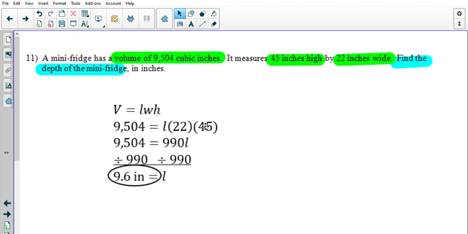It doesn't matter that we're trying to find L. It really doesn't matter which variable we're looking for, either length, width, or height. It does say find the depth. In this case, the depth is going to be the length. Same work. 22 times 45 is 990. Solve this one-step equation by dividing both sides by 990, and you get that the length or depth of this mini fridge will be 9.6 inches.